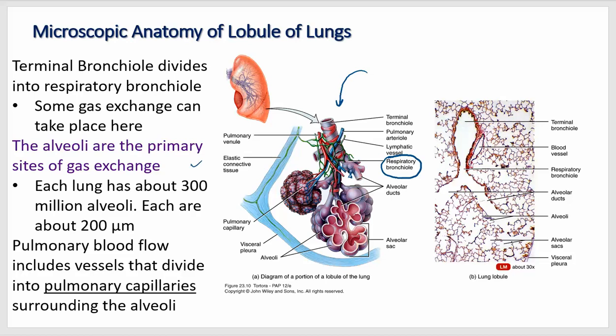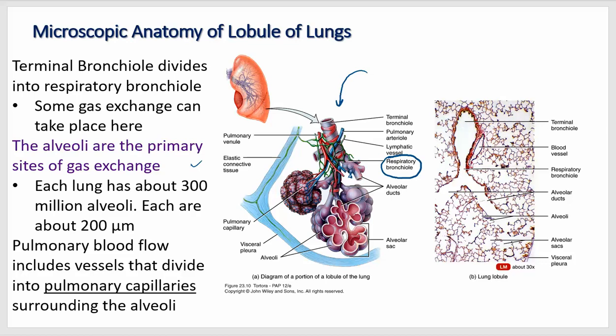Each lung has about 300 million of these alveoli, and each is very small, about 200 micrometers. They also have pulmonary vascularization around them. So we have these capillaries that go around the alveoli, and they just cover it.